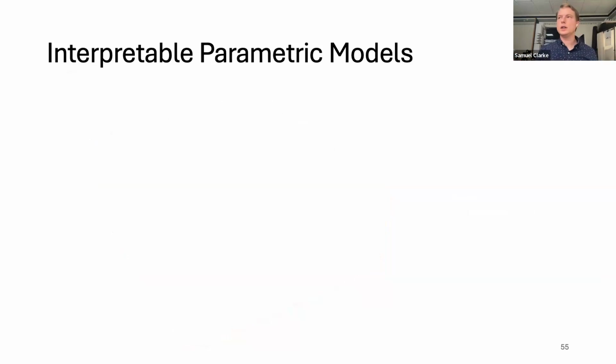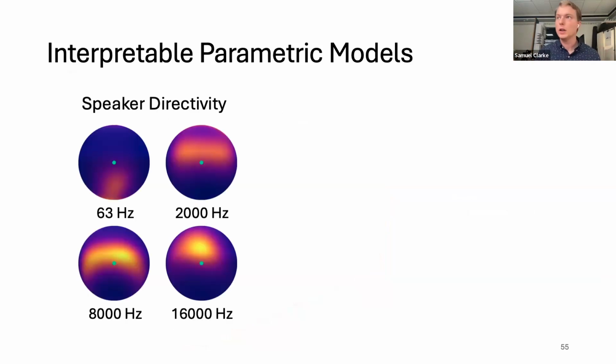So again, we usually try to come up with some kind of interpretable parametric model for use in a differentiable analysis by synthesis framework. In this case, we came up with an interpretable parametric model for the speaker directivity. Note that this is frequency dependent. Lower frequencies tend to be less directive than higher frequencies. So we needed to have a directivity model for different bands of frequencies.